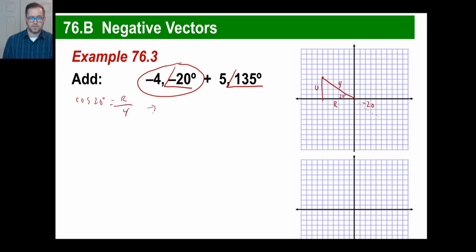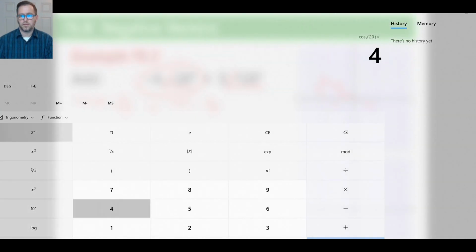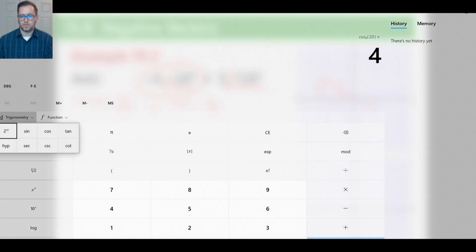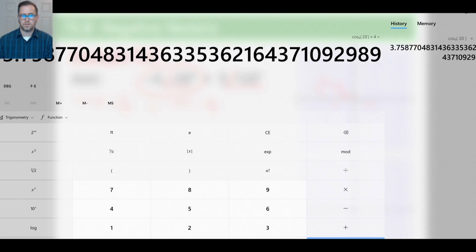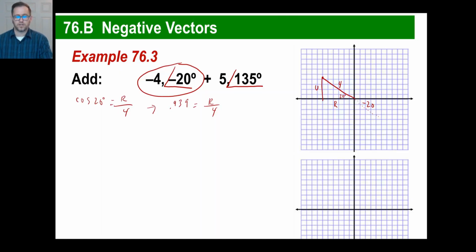We figured out that this was 0.939 equals R over 4. So let's multiply that by 4. That'll be 3.76, we'll call it. So this R is going to be 3.76, but don't forget, this is a negative 3.76 R because it's pointing to the left, like in a number line.